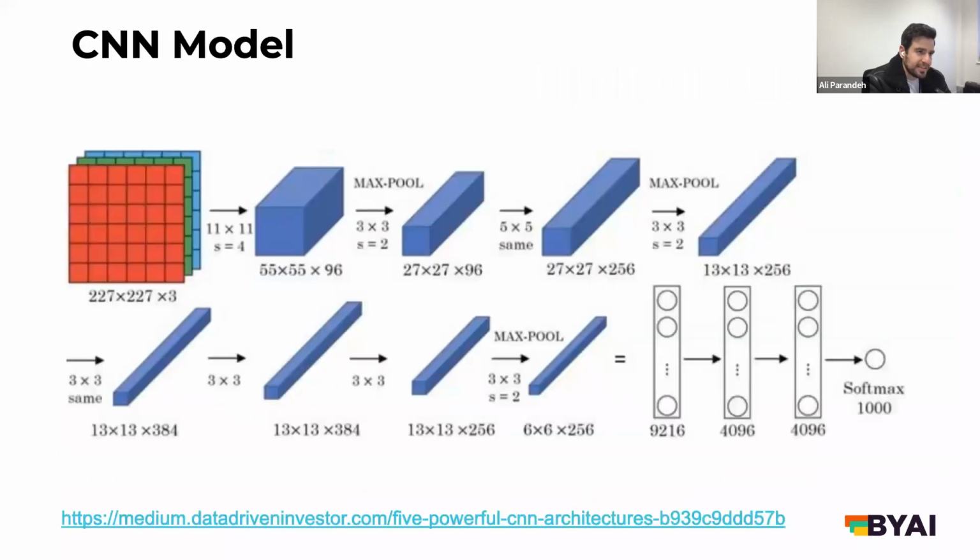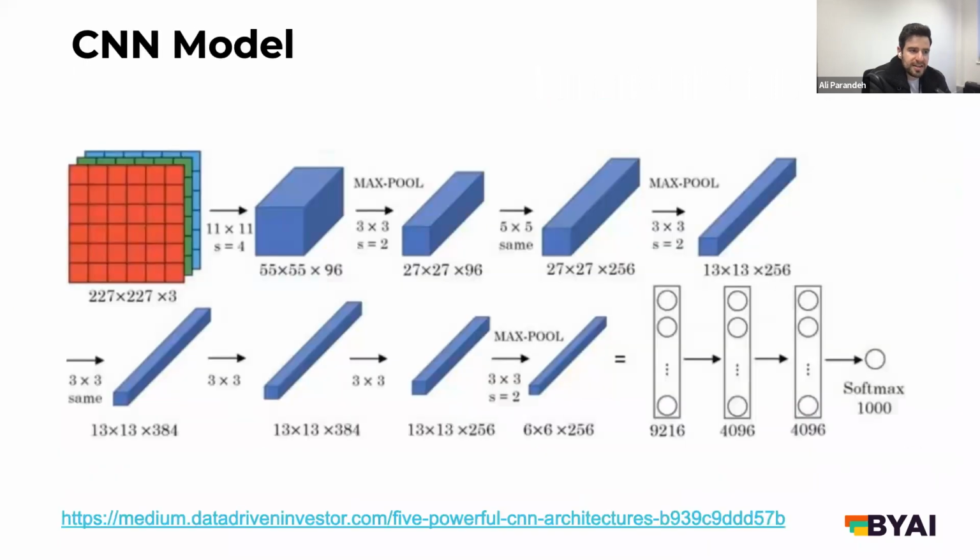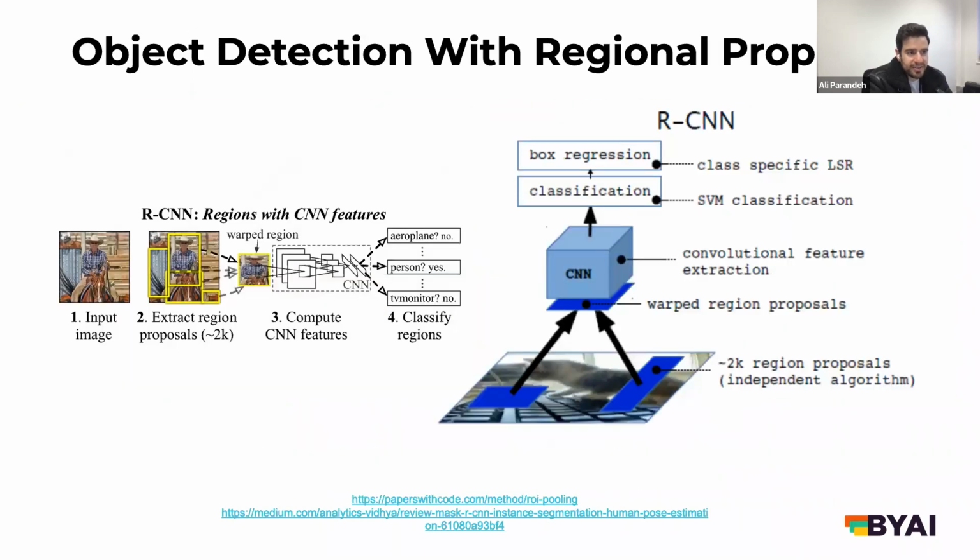So that's why you can see it can be quite slow, because you have to train all of these different models and they need to work together. And in each forward pass, each image will need to have 2000 region proposals produced on it. Then these region proposals need to go through the CNN network to get classified and feature extracted.